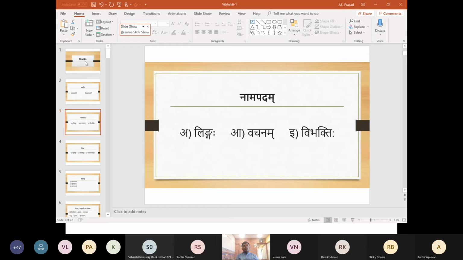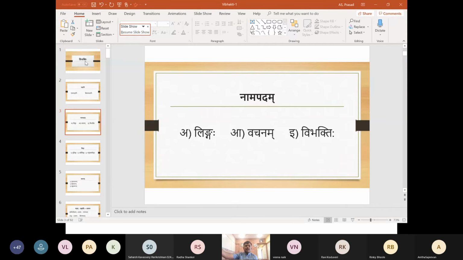So in Namapadams, I have already told you about 4 important things to be understood. Anta Vyavastha, it is not there on the slide, but I have taught you this earlier, whether it is Akaranta Pullinga Shabdaha, Akaranta Strilinga Shabdaha, Ikaranta Pullinga Shabdaha, Ikaranta Strilinga Shabdaha.